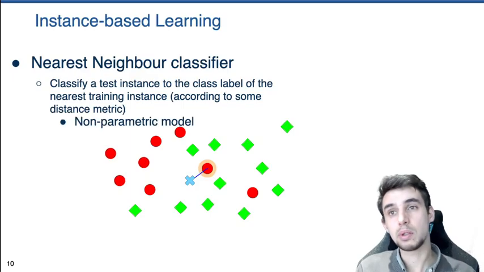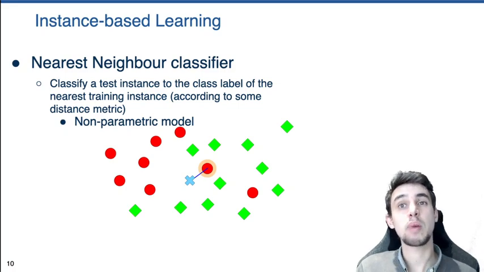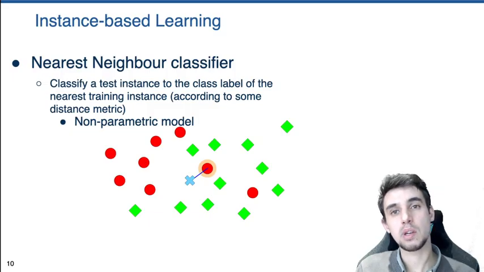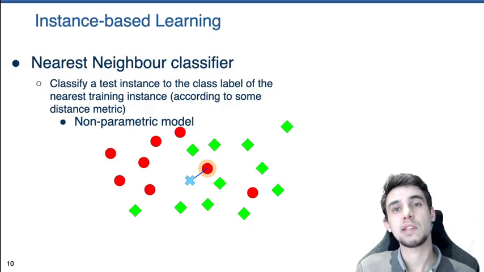An important aspect of the nearest neighbor algorithm, which is also part of the k-nearest neighbor algorithm, is that it's a non-parametric model. This means the decision boundary formed by the algorithm is not predefined. It's not something we impose on the model, but something that naturally emerges from the dataset and the samples we send it.